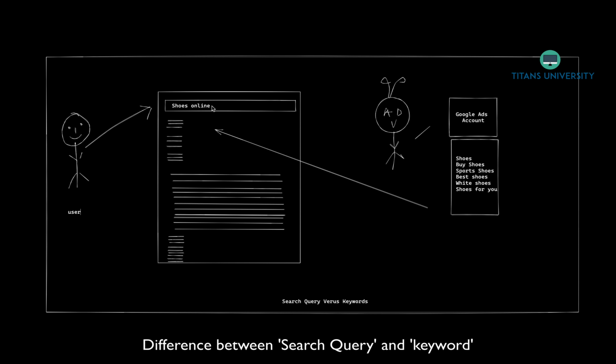shoes online. Now, if you understand how Google works, which you already do, when you put in shoes online, you will see a set of listings here, and a set of listings here, and then a set of listings here. So first things first, let's start defining what these things are. What you see here are the ads. These are the paid ads that advertisers are spending money and running.